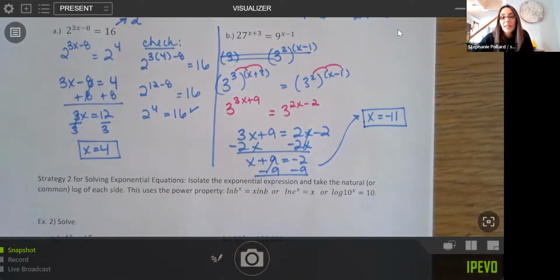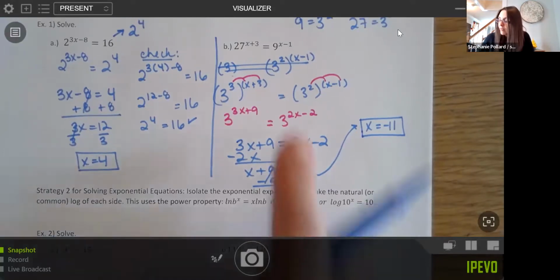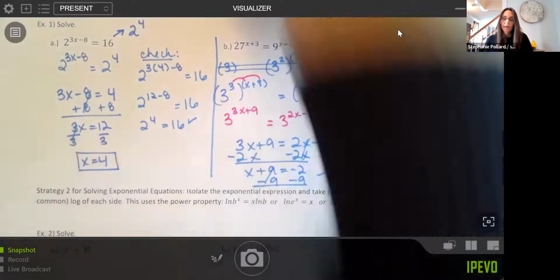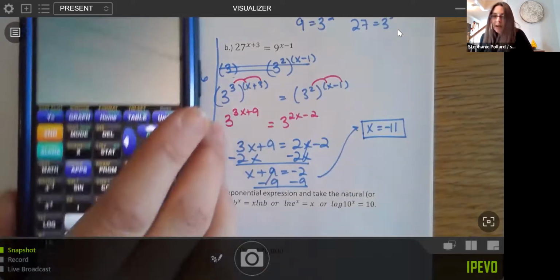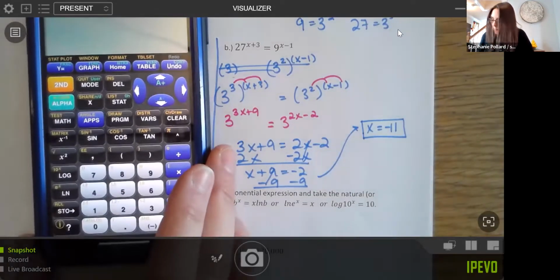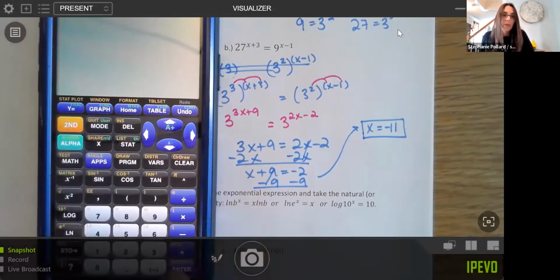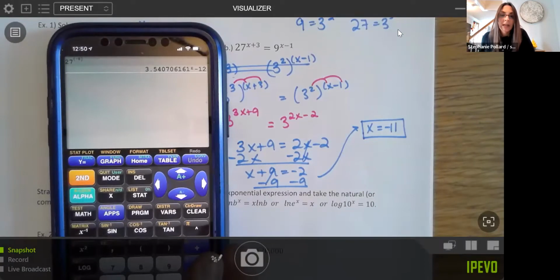Now you can definitely still plug this in and check. It does work. If I plug in negative 11 here, I have 27 to the negative 8 power. On the other side, I have 9 to the negative 12th power. Because I'm just doing a check, this could be a good time to use your calculator. 27 to the negative 8 power gives me about 3.54 e to the negative 12.